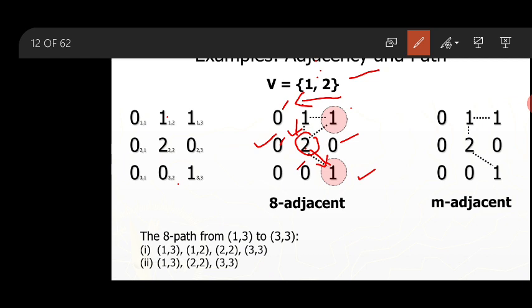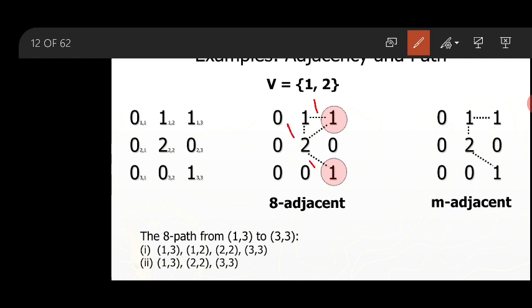Assume that the distance between two adjacent pixels, I am repeating, is considered as length 1. Between these two pixels the length is 1, between these the length is 1, and this will be 1.